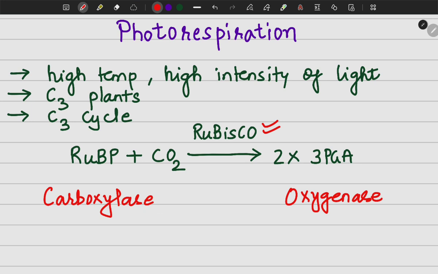Why? Because the concentration of carbon dioxide was more as compared to oxygen. So the enzyme Rubisco actually shows both types of activity, carboxylase as well as oxygenase, depending on the availability or the ratio of carbon dioxide and oxygen.